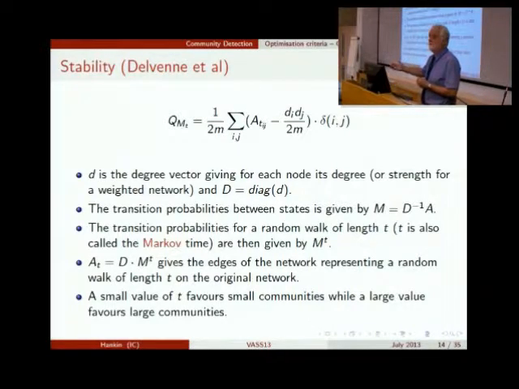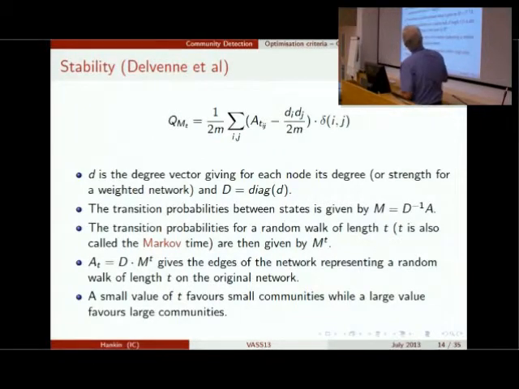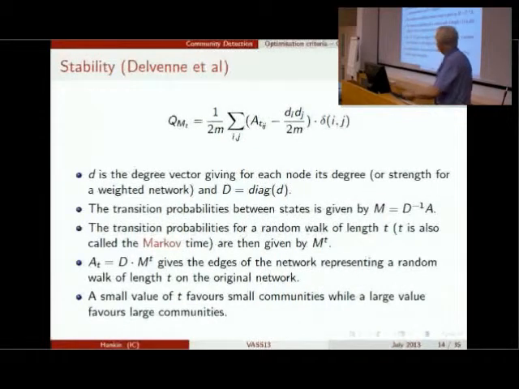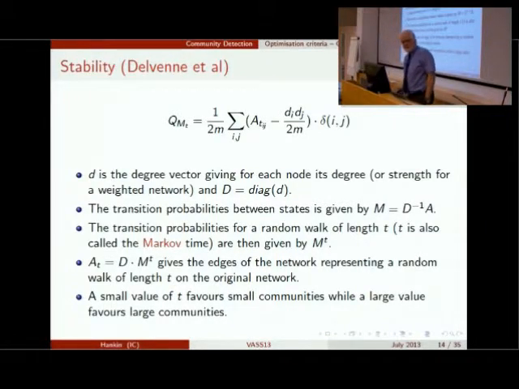It's stability effectively over Markov time. The construction is quite simple. It looks rather like the Newman construction for measuring quality, the difference being that rather than taking the adjacency matrix, we're taking this matrix here, A^t_ij.